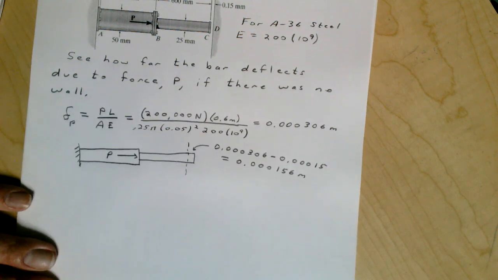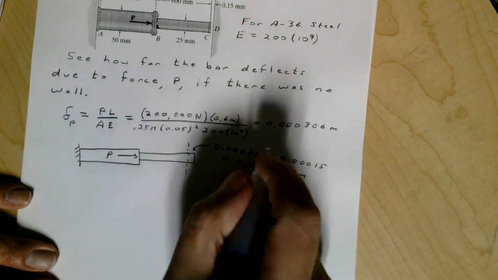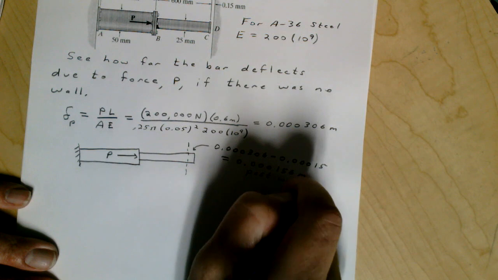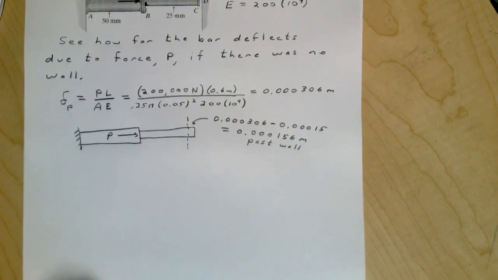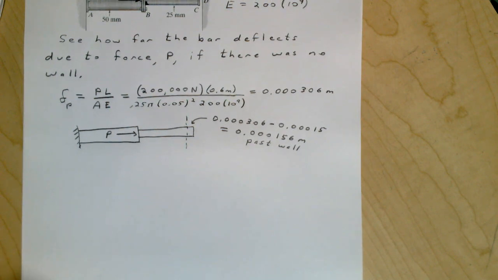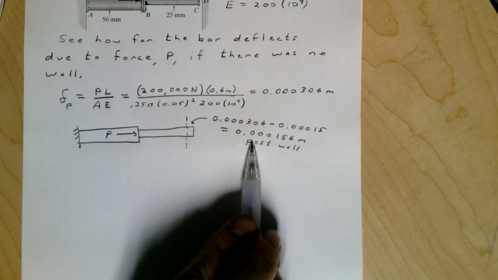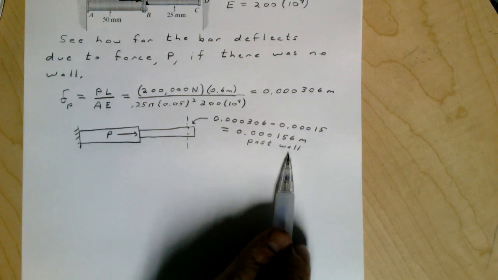So it's 0.00156 meters past the wall. In other words, this is how much it would expand if there was no wall. So now to find the force that's applied by the wall, you have to ask yourself, what force is required to compress this back to the wall?